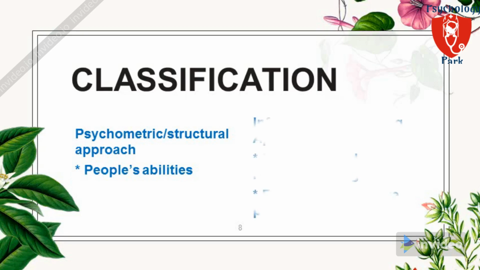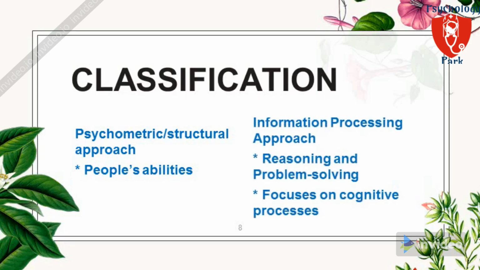On the other hand, the second approach is the information processing approach. It describes the processes people use in intellectual reasoning and problem solving. That is, if you want to solve a particular problem, what are the cognitive processes that go behind solving that particular problem?